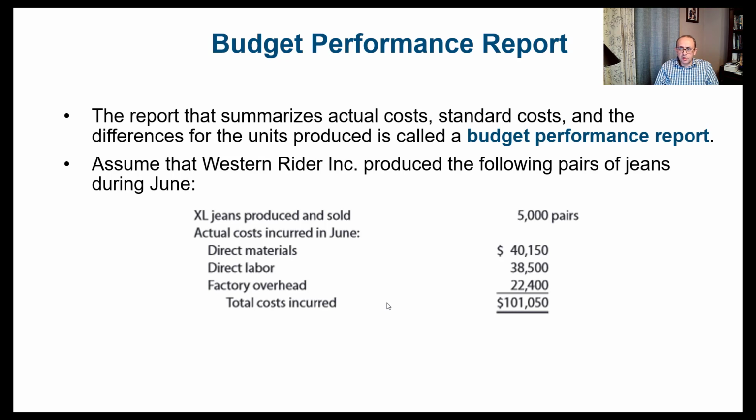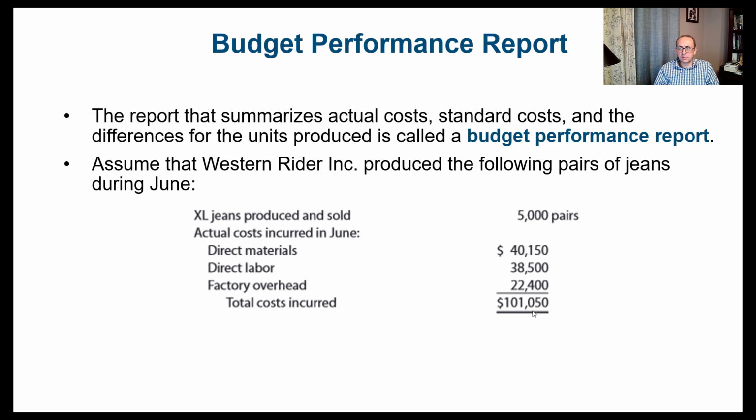The actual cost incurred in the month of June for direct material, and that's the total actual cost, is $40,150. For the labor, it's $38,500, and factory overhead, it's $22,400. The total actual cost incurred is $101,050.